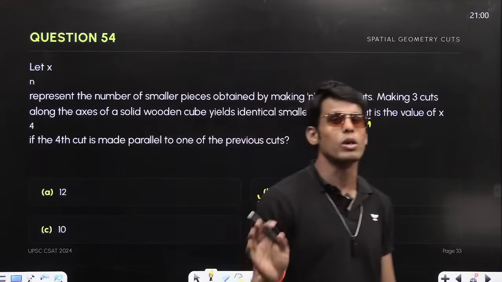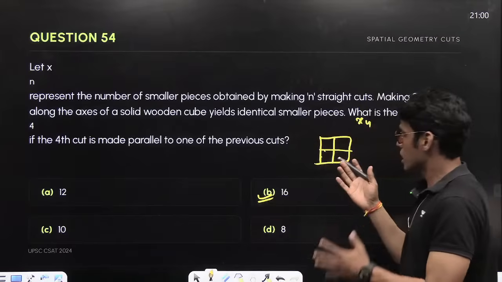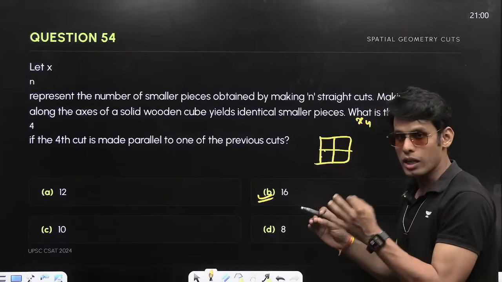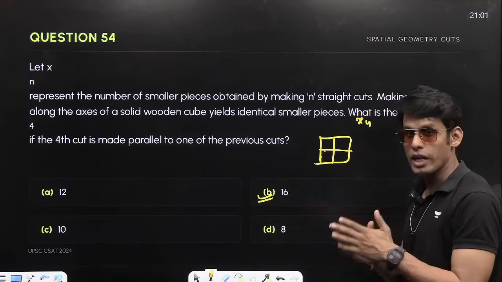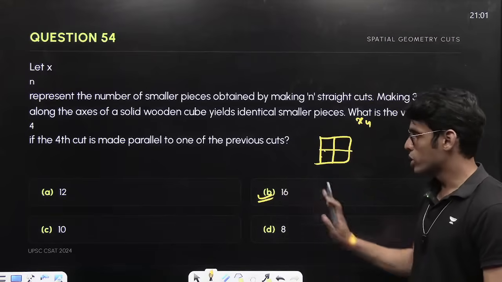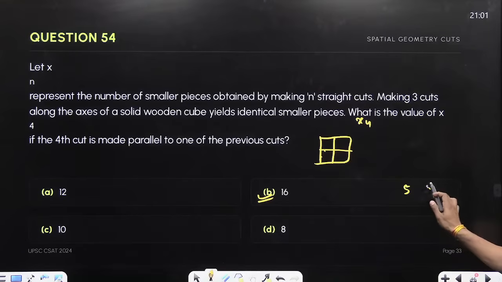Because at max you can get 8 pieces, and there is no 4th cut with which you can generate 8 more pieces. So 16 is going to be the correct answer. All the rest, options 5, 8, 12, I can generate.